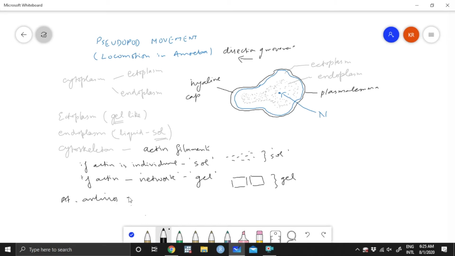At the anterior end, a hyaline cap is formed.